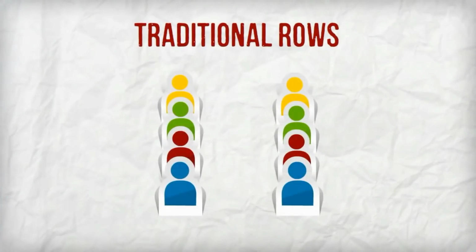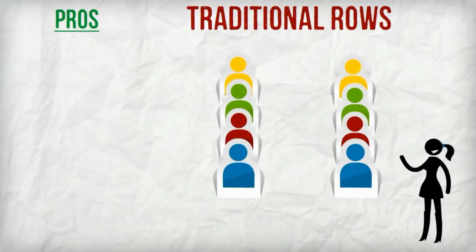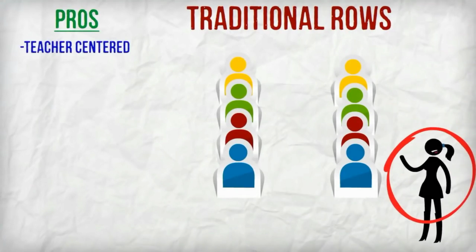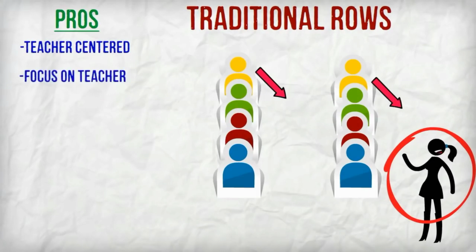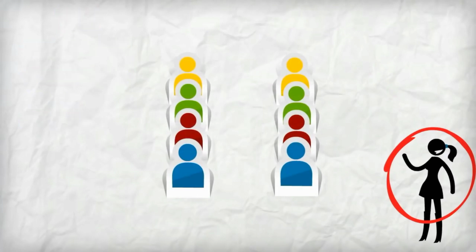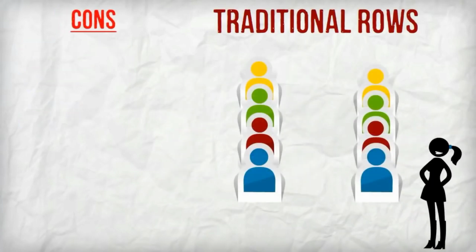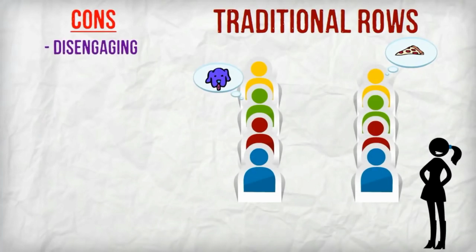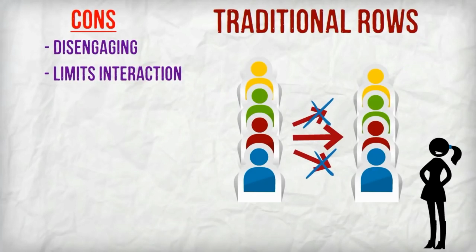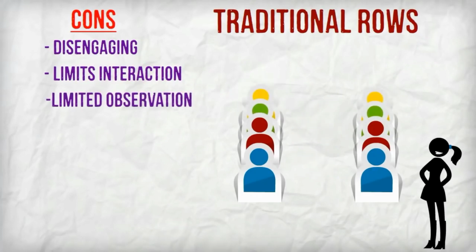This is the most commonly used seating arrangement in the world. The pros of traditional rows are: it's good for teacher-centered classes such as lectures. It encourages focus on the educator and content, and it's easy to implement with large classes. However, the cons can be: students can easily become disengaged during the lesson, it's not good for classes designed for conversation and interaction, and it's not easy to observe students in the mid to back rows.